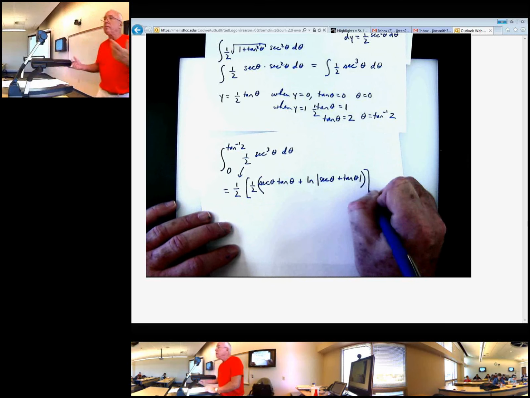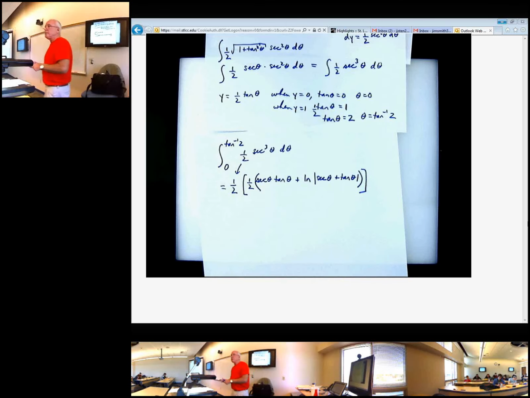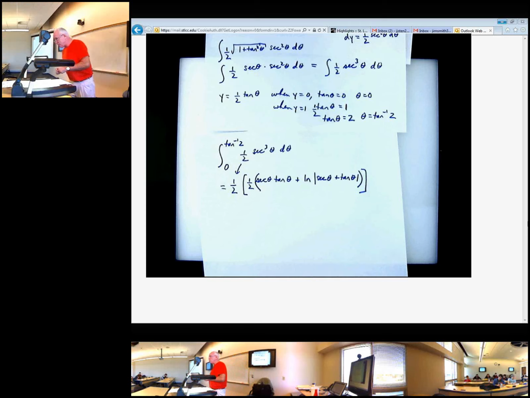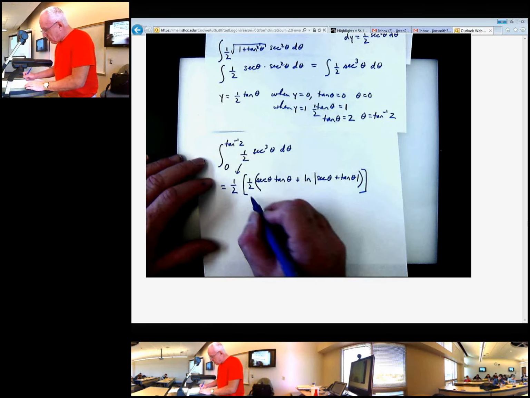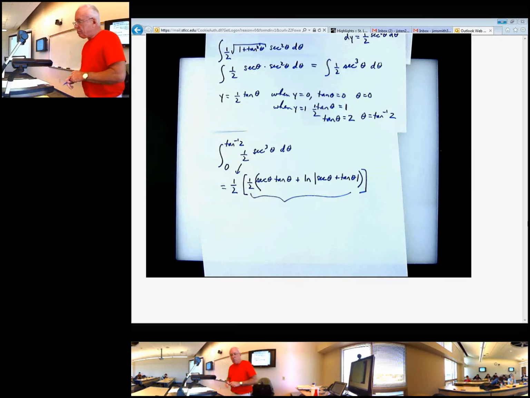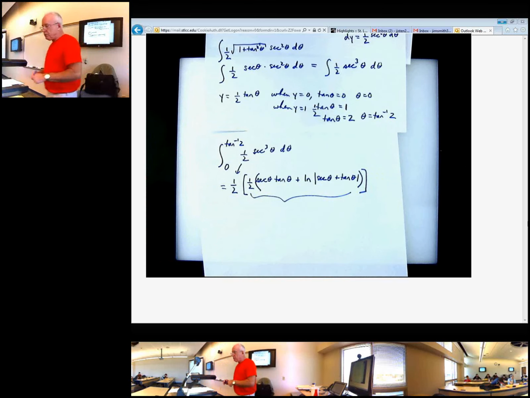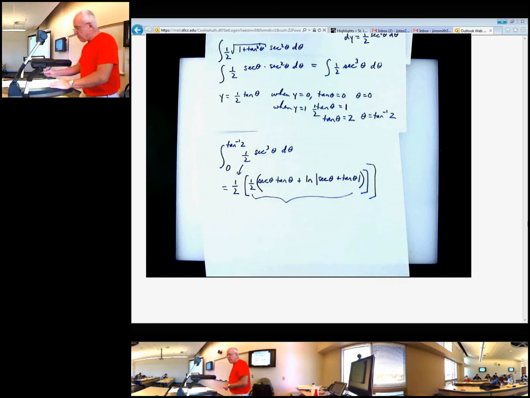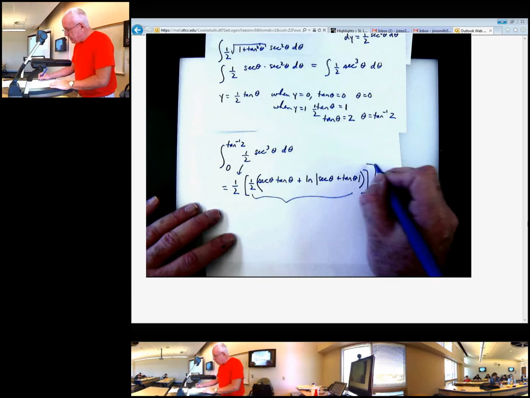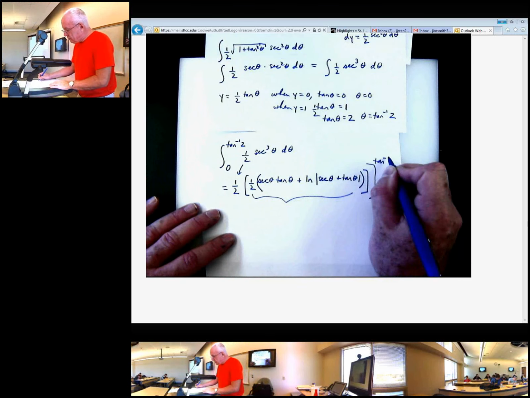So it's this whole big formula where the 1/2 is multiplying both of those terms. And this antiderivative is going from 0 to the tan inverse of the number 2.